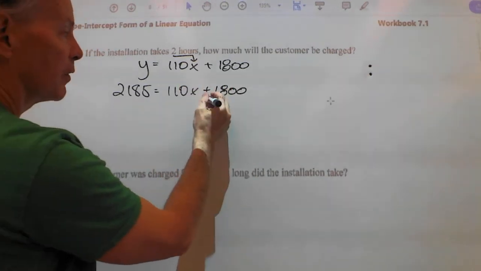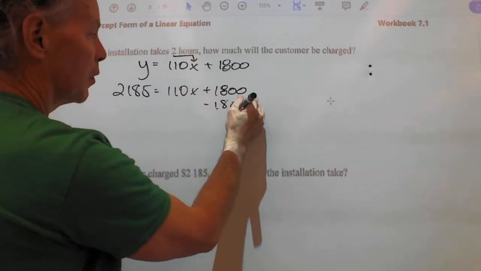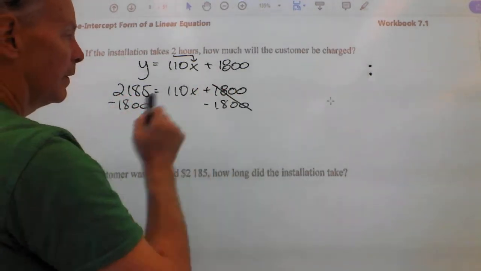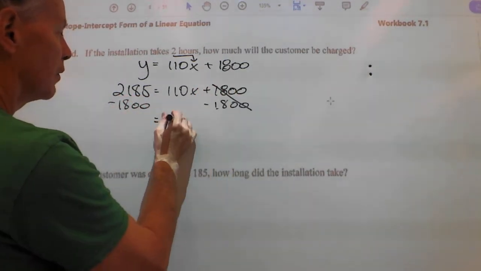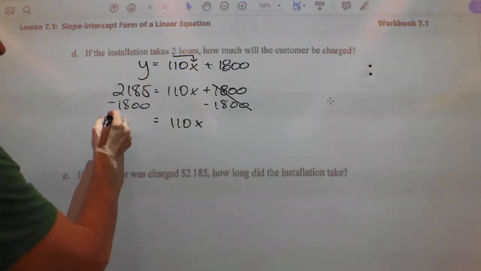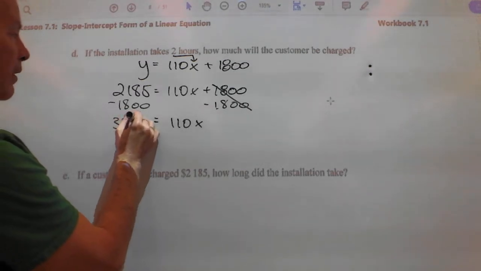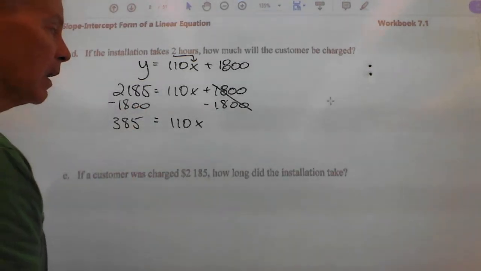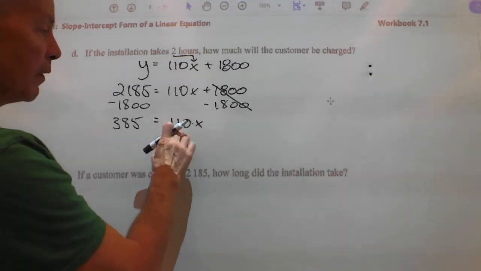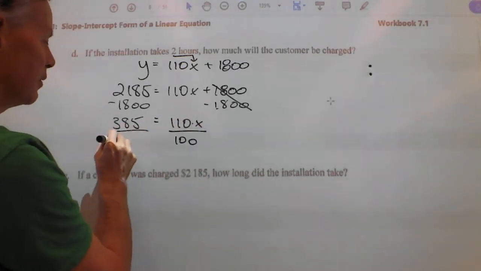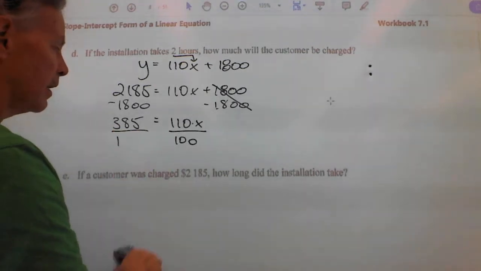Isolate the variable. So we're going to take away 1,800 from both sides. There it will cancel, leaving you with 110x. On this side, we get $385. Okay? Last step, get rid of the 110 by doing the opposite operation by dividing. I did it again.